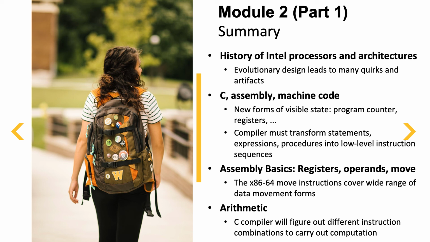Some assembly basics like registers and operands, move instructions, and some basics on doing arithmetic. And we want to keep in mind that the C compiler will figure out different instruction combinations to carry out our computations. So again, remember right from that last slide, when you see an add, just one thing plus another in C, you're not necessarily going to see an add instruction in the assembly. It might do something different to save some clock cycles.